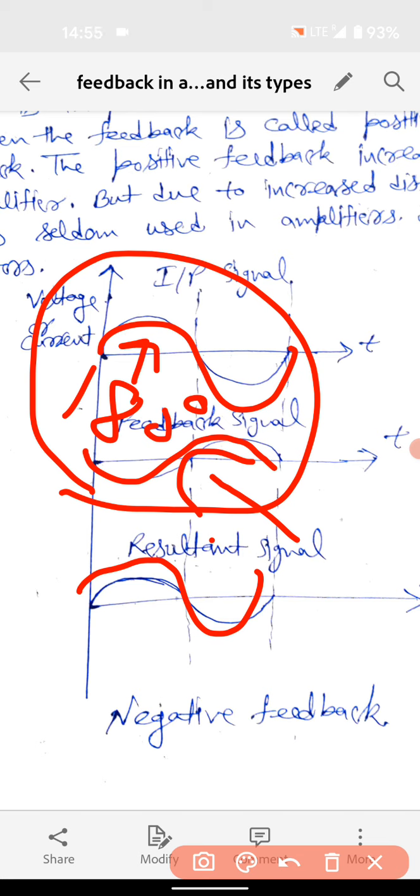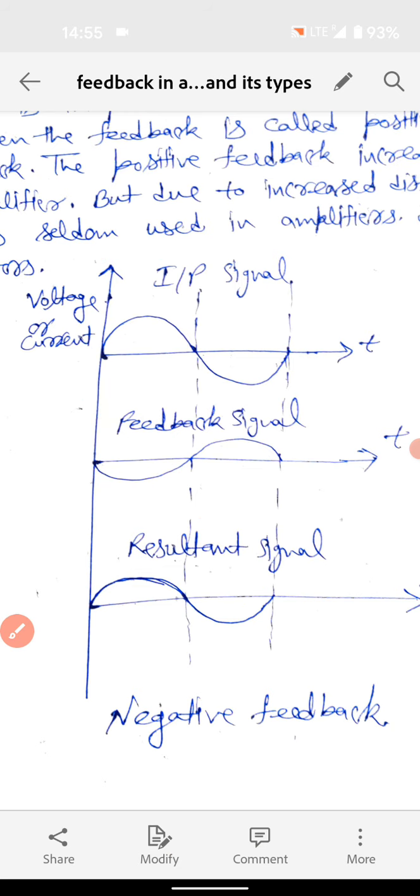Negative feedback also has many advantages and disadvantages, but it has more advantages than disadvantages. The first advantage is that it reduces amplitude distortion. It reduces frequency and phase distortion and noise in the output.